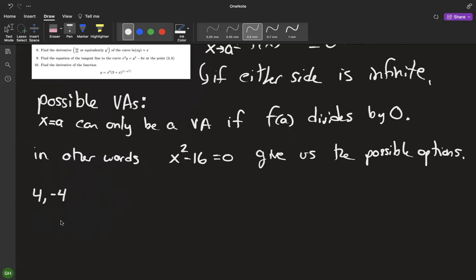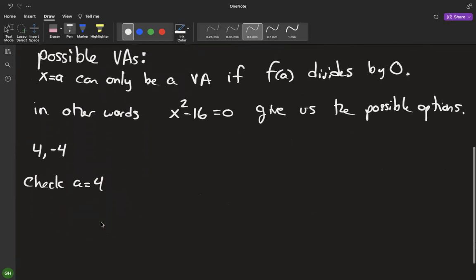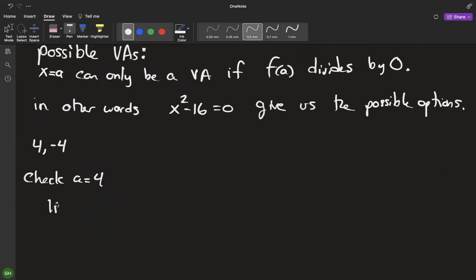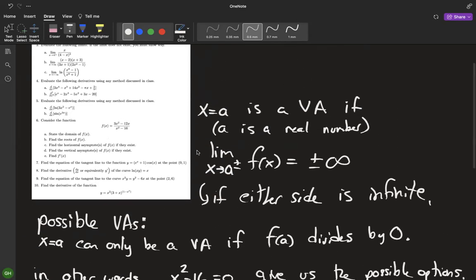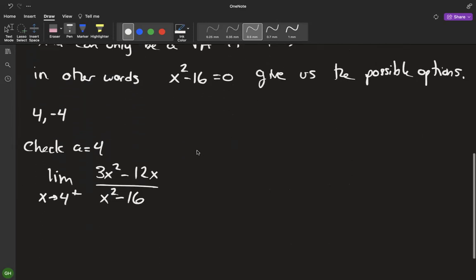And we've got to check both of these. So check a equals 4. I'm going to take the limit. Just pick one of the sides. It really doesn't matter. Limit as x goes to 4 from the right of 3x squared minus 12x over x squared minus 16. For these limits, it is helpful to factor. So I am going to do that.